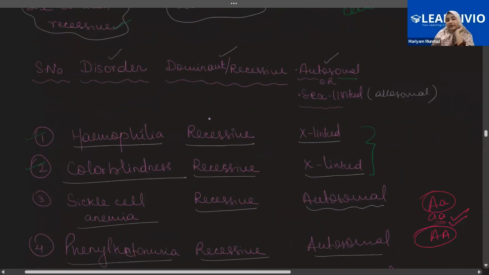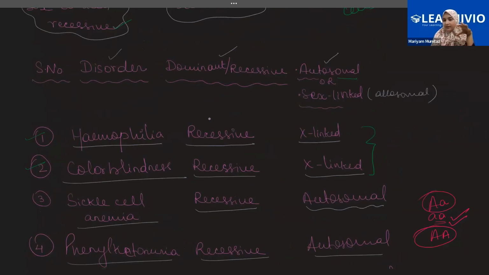For example, if we talk about hemophilia, it is a recessive disease. Please answer this correctly. If it is a recessive disease, in which condition will it be able to express itself? In genotypic, like which genotypic condition will the recessive disease express itself?